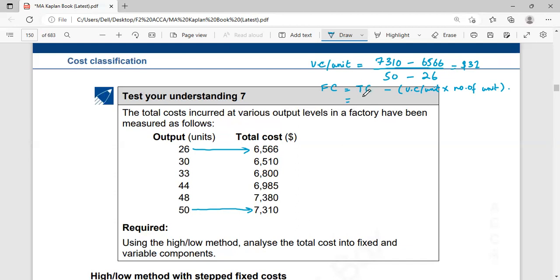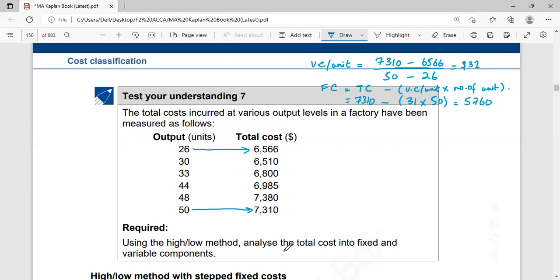Outside the brackets, you have to take the total cost, 7,310, minus 31 into 50. So tell me what will be the fixed cost? It's 5760.